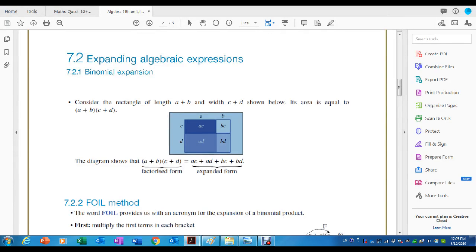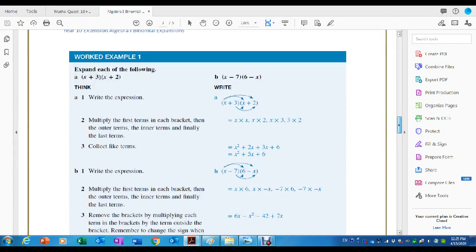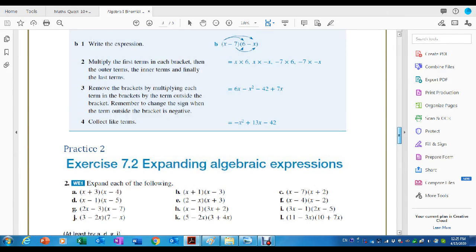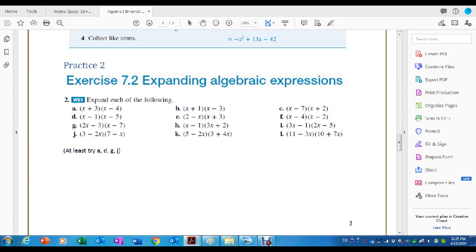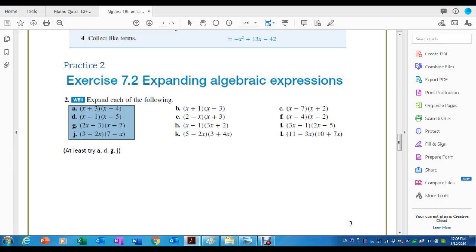So possibly it would be the time for you to do some examples here. That's practice 2, exercise 7.2, question 2. Again, I recommend you do at least these 4 questions to track your understanding.